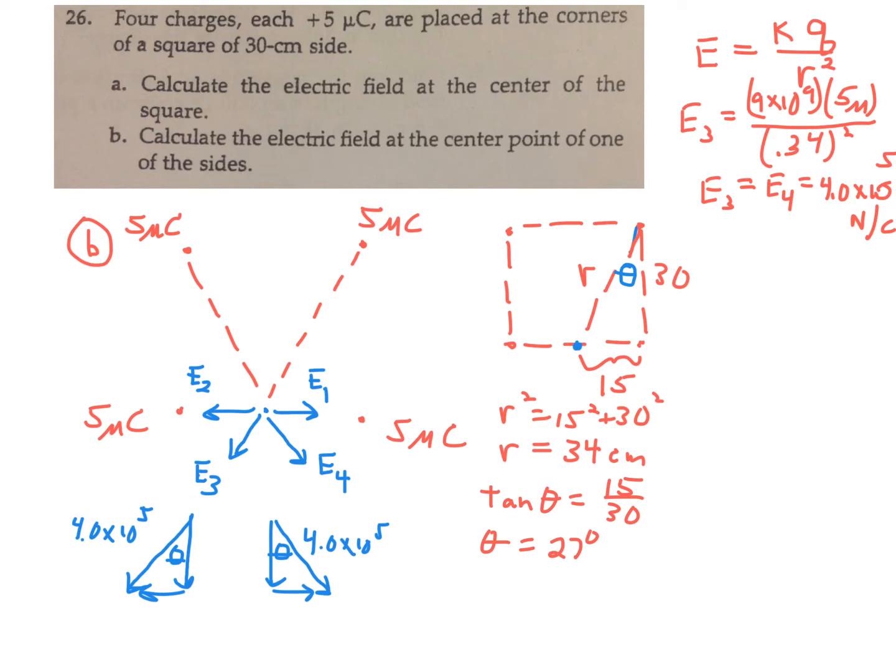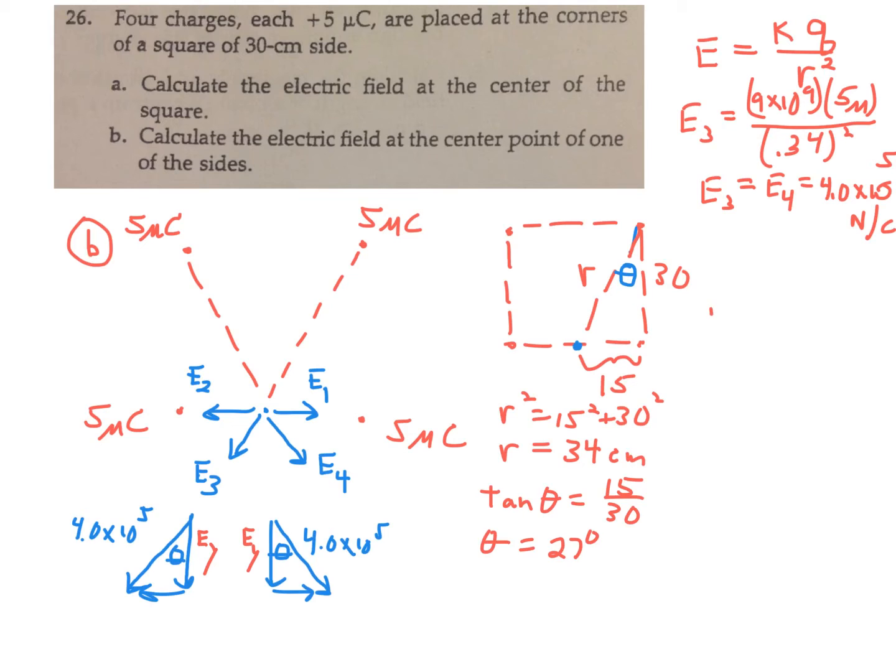And what I'm really looking for, going back to the lower left of the diagram, is the y component. I'll just label it Ey, the y component for either one of those. It's the same value for both of those. I can put it on either diagram. And to calculate that, all I need to do is use cosine in that triangle. If I take the cosine of that angle, which is 27 degrees, I'll do the math over here on the right.